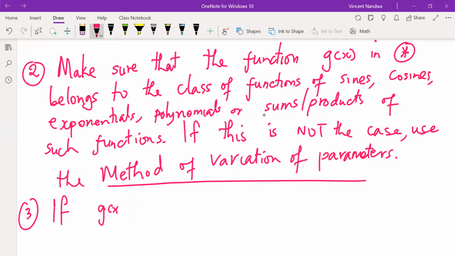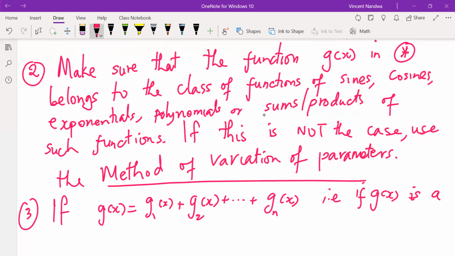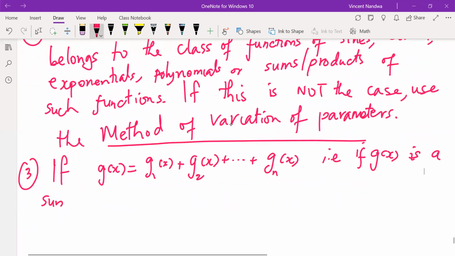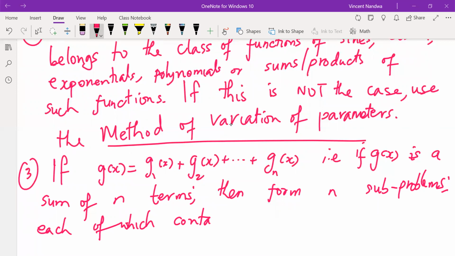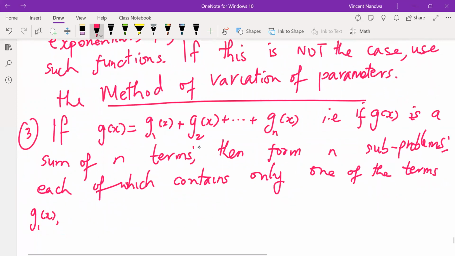If g of x can be given as g1 of x plus g2 of x plus gn of x, i.e., if g of x is a sum of n terms, then form n subproblems, each of which contains only one of the terms g1 of x, g2 of x, up to gn of x.